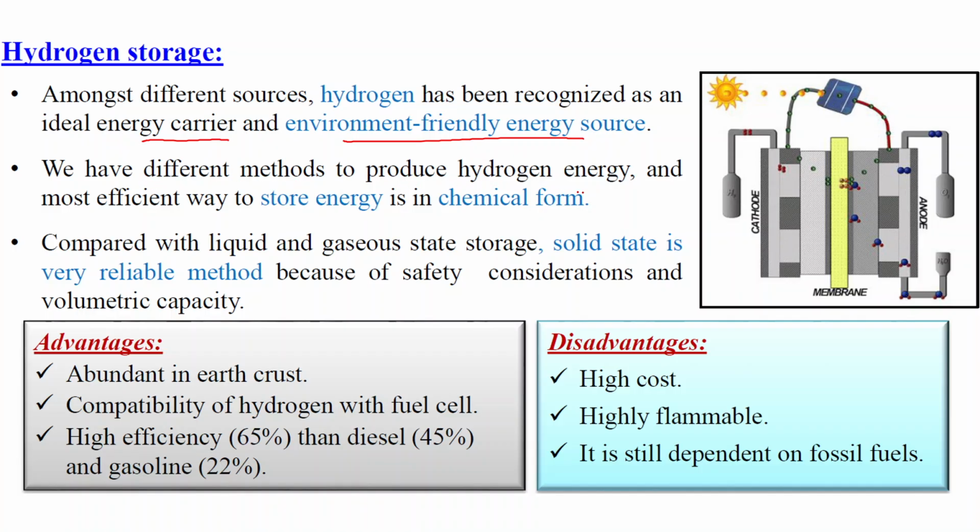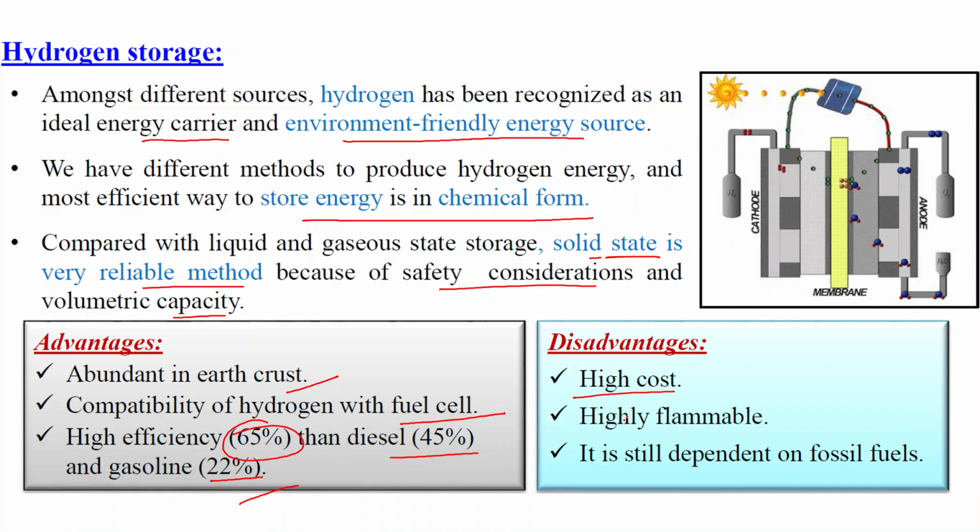We have different methods to produce hydrogen, and the most efficient way to store energy is in the chemical form. Compared with the liquid and gaseous state, the solid state is a very reliable method because of safety considerations. Storing hydrogen in the solid state is much safer. Advantages: it is abundant in the earth's crust, it is compatible with fuel cells, and it has a very high efficiency compared to diesel and gasoline.